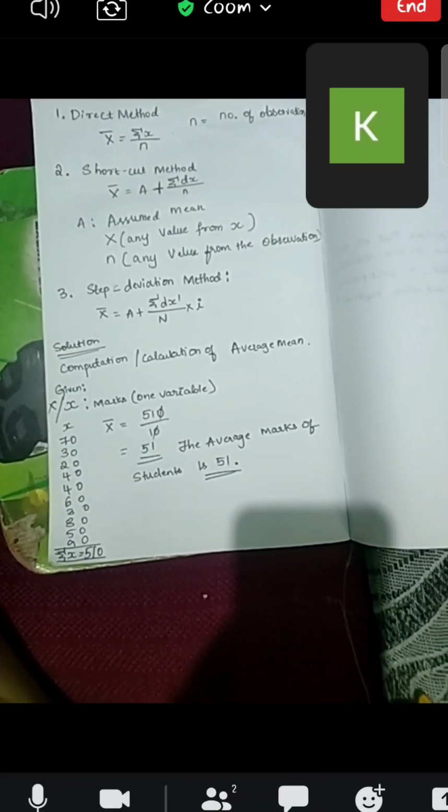Hope you are understanding. Yes, ma'am. Please note down in your notes. We'll continue further. Now, what is the second step?